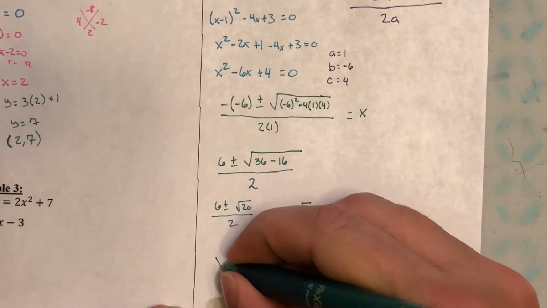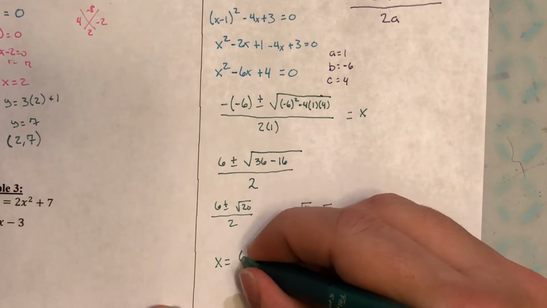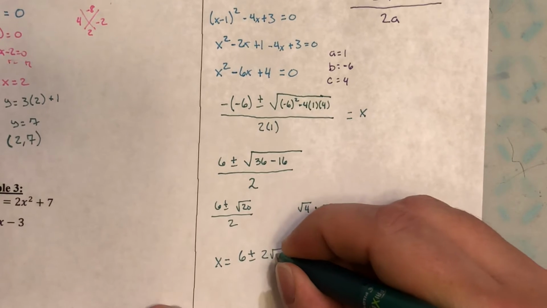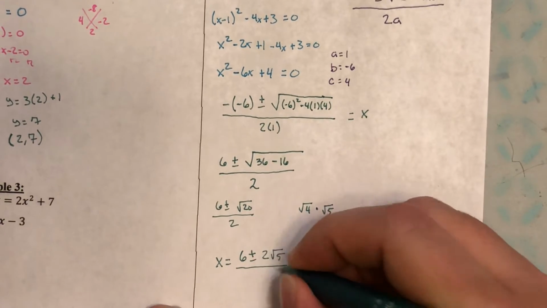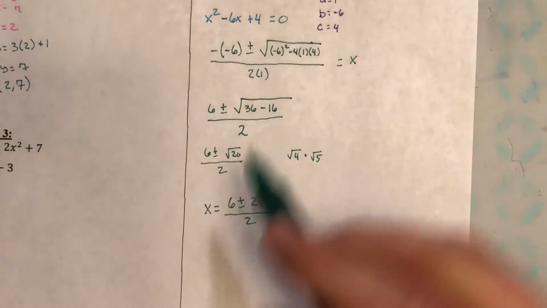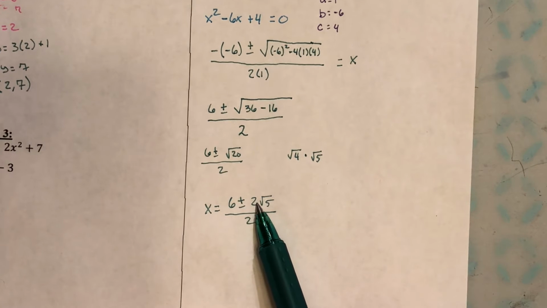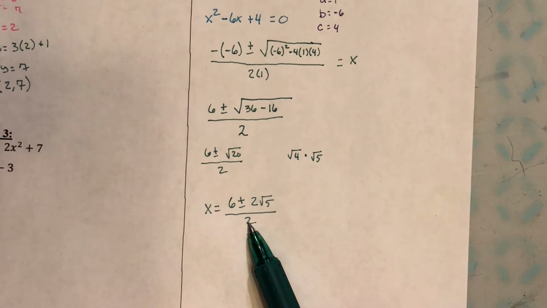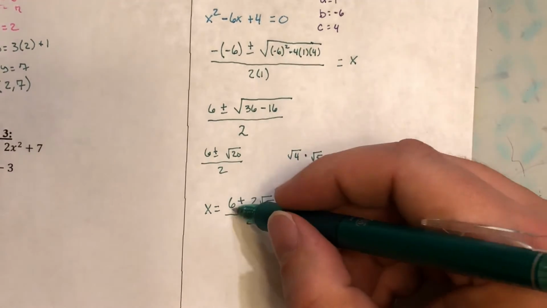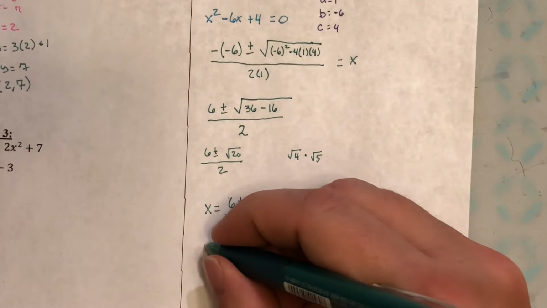So what I've got is x equals 6 plus or minus 2 square root of 5, all divided by 2. And both the 6 and that 2 are divisible by 2. So when I divide these out, remember, if I can, I divide both of them to simplify that all the way.